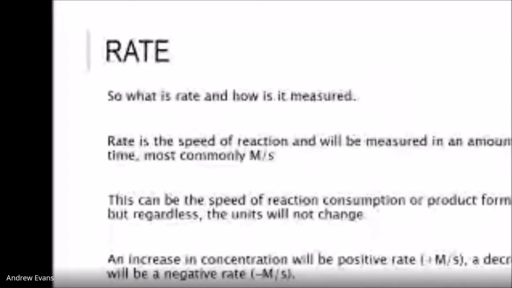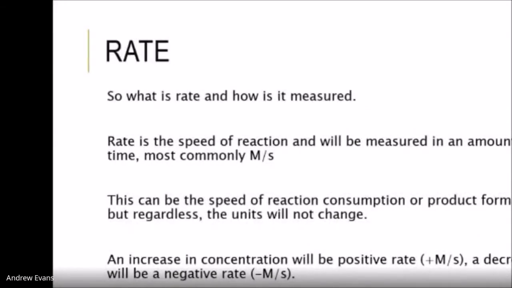Now, how do we actively measure the rate? The rate is going to be measured as the speed of a reaction. Now, if we're talking about distance traveled, like speed of a car, we talk about miles per hour, kilometers per hour, meters per second. All those are rates of speed with relation to vehicular momentum, or us.